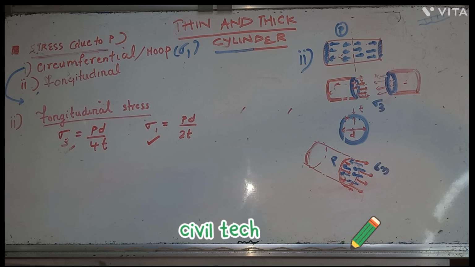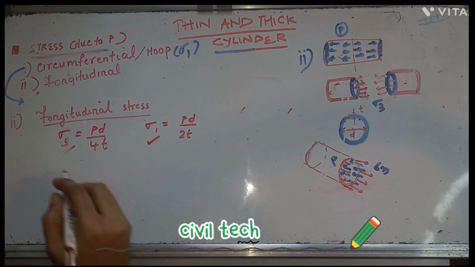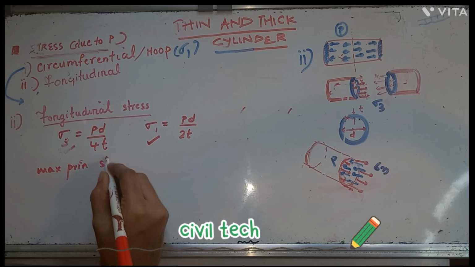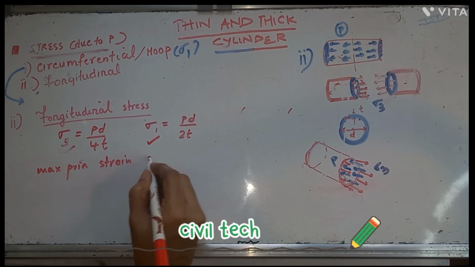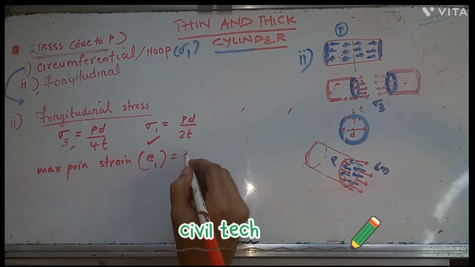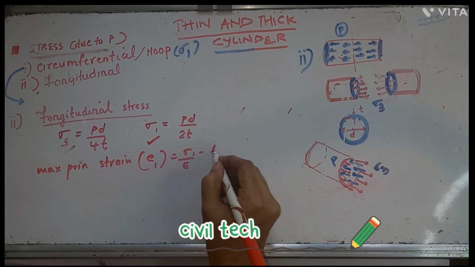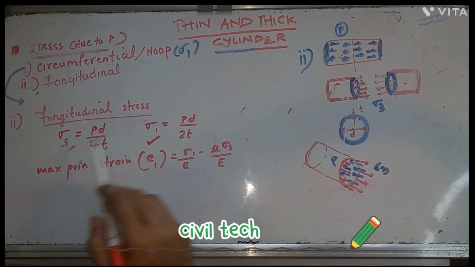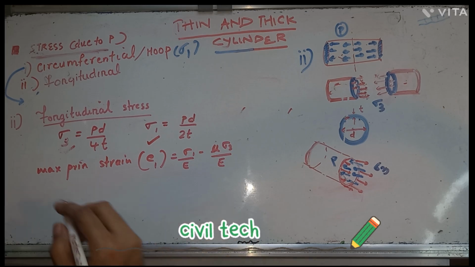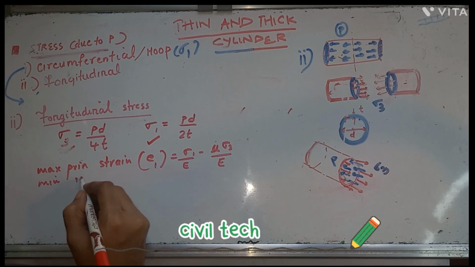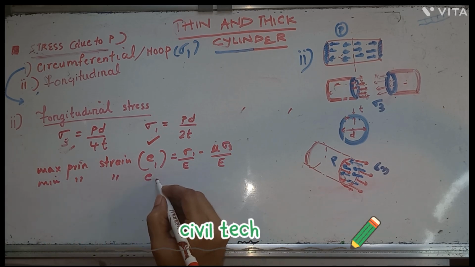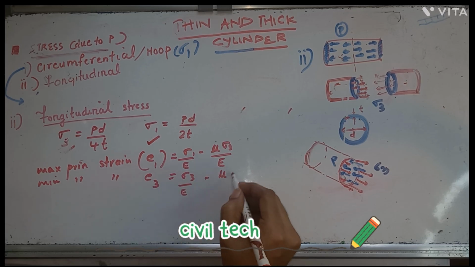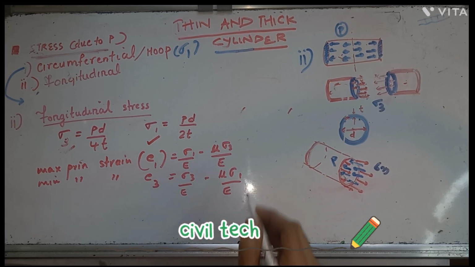Now we will see the maximum principal strain, which is E1. We know the formula, which is sigma 1 by E minus mu sigma 3 by E. Similarly, the minimum principal strain E3 is sigma 3 by E minus mu sigma 1 by E.